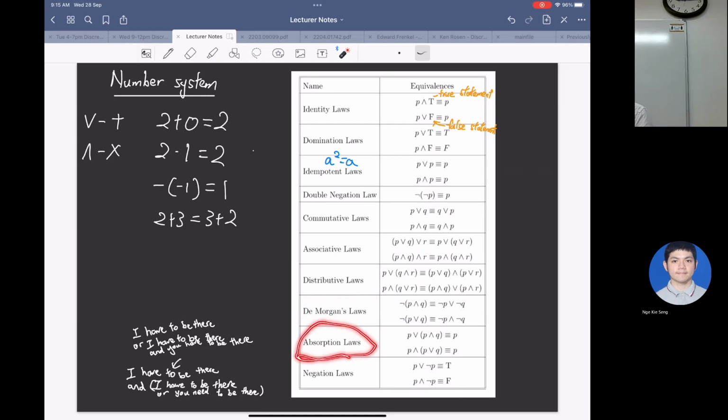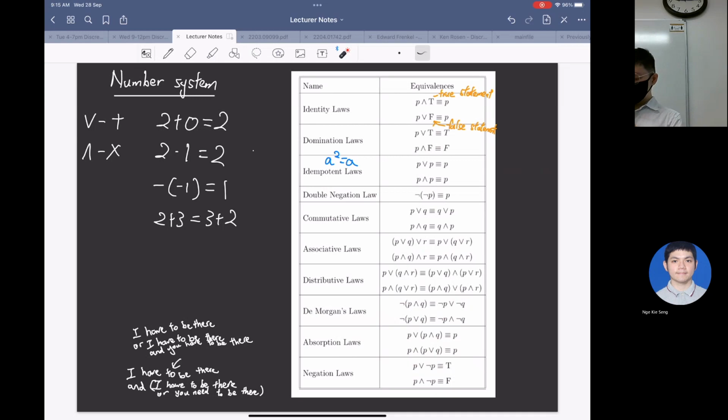Absorption laws: P or (P and Q) is P, so Q is nothing. P and (P or Q) is still P. This is kind of important if you are writing code. If you have a lot of conditions you want to consider, actually that condition is useless, so you can reduce your code very efficiently.